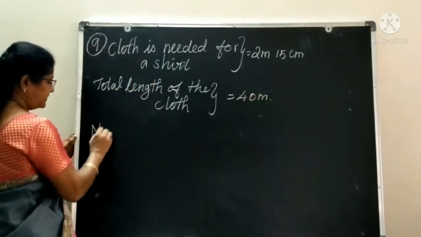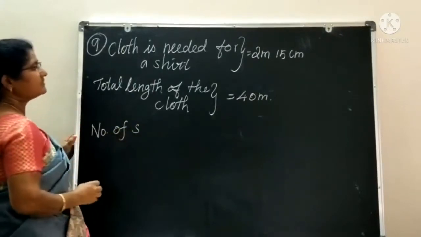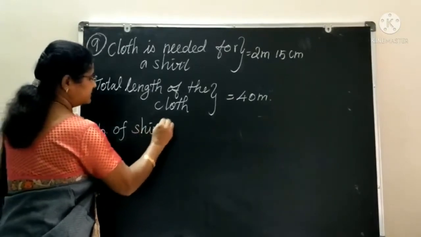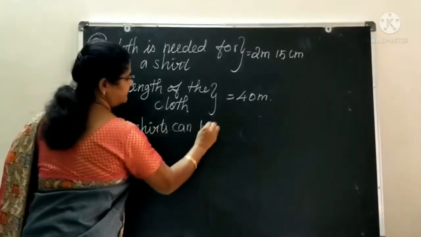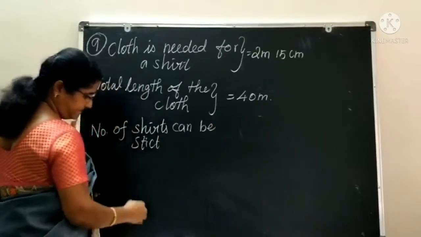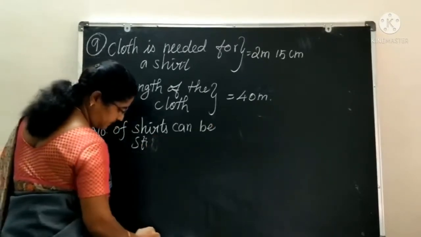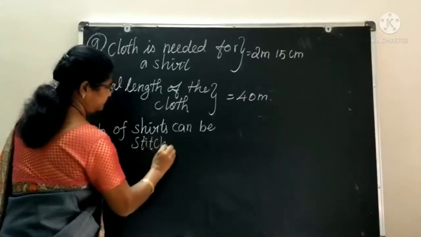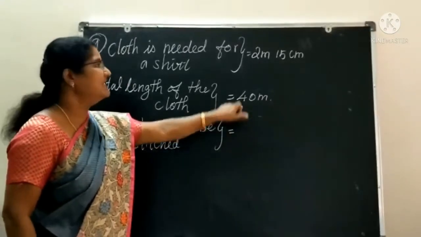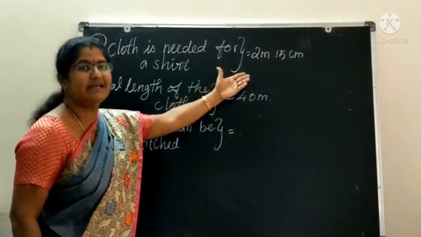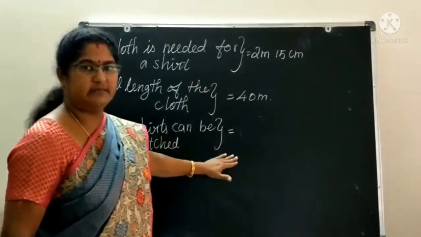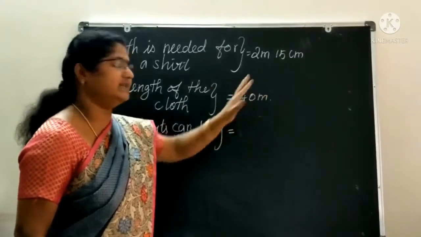We need to find the number of shirts. How many shirts can we stitch in this 40 meter? So the number of shirts that can be stitched: we have to divide the total cloth by the cloth needed for a single shirt, one shirt. Okay.